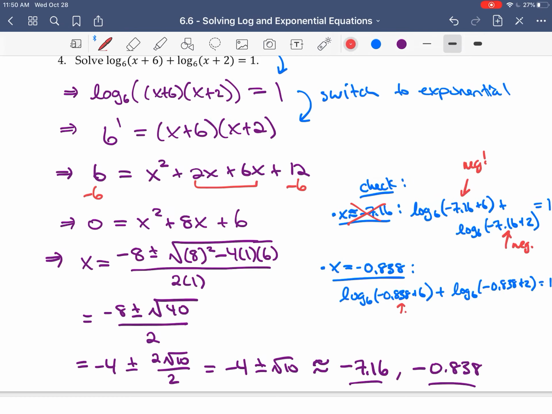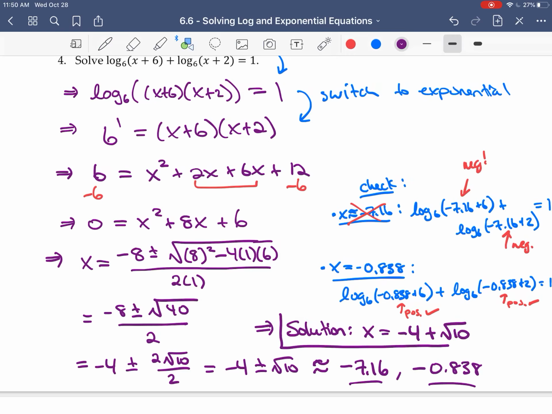And here, this number is positive and this number is positive, which means it's going to work out. So this is a solution. So our solution is only x equals, the positive version, so negative 4 plus root 10, if you use the exact answer and not the approximate one. So that would be our answer there.